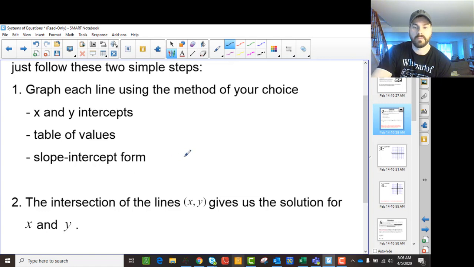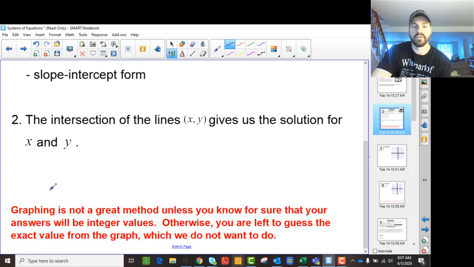So we'll do a couple of examples of this, but as we do, it's important to recognize that graphing is not a great method unless you know for sure that your answers are integers, first of all, and that you do a really good job of drawing the graph. Because if you don't do a good job of drawing the graph, in terms of setting a scale, putting it on a grid, all of that, then you're going to have a possibility of finding an intersection point that doesn't actually solve the equation.